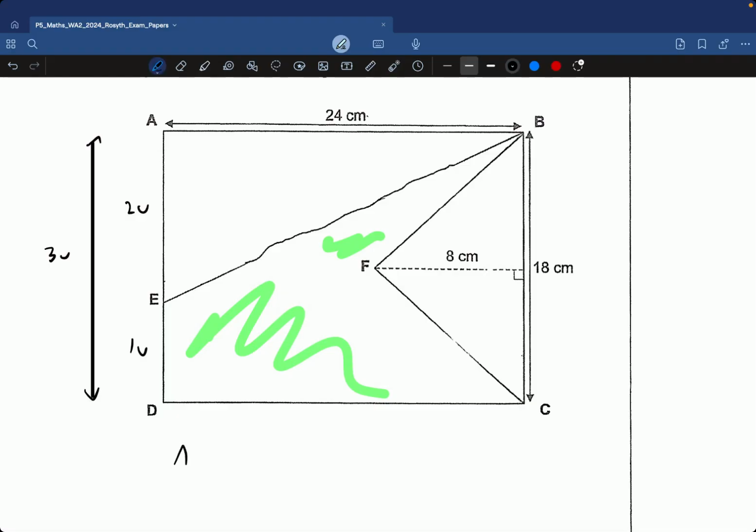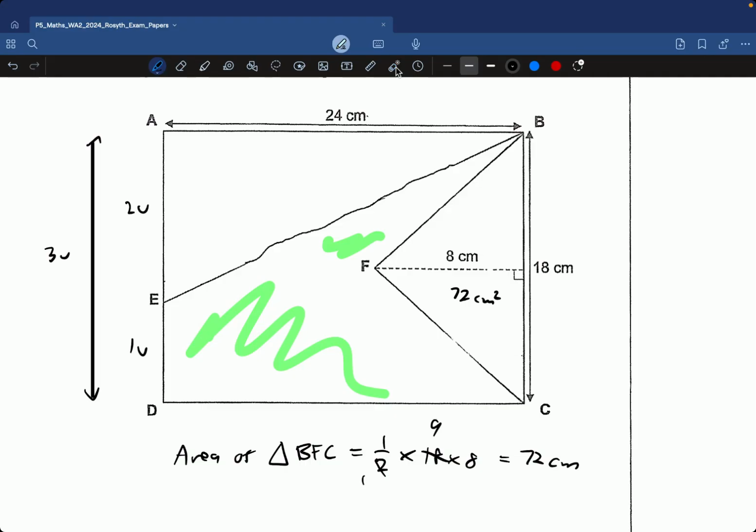So area of triangle BFC is basically half times 18 times 8, right? So we can cancel 18 divided by 2, this will be 9. 9 times 8 will be 72 centimeters square. Okay, so we know this is 72 centimeters square.